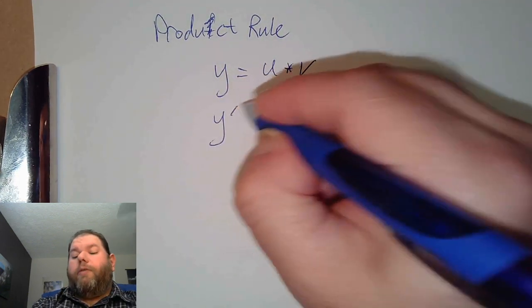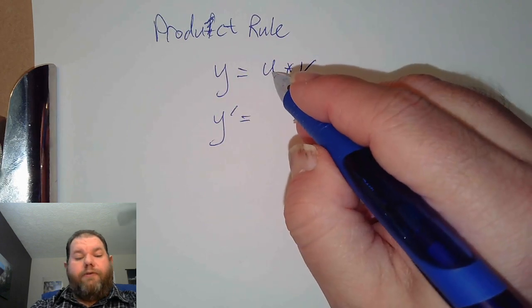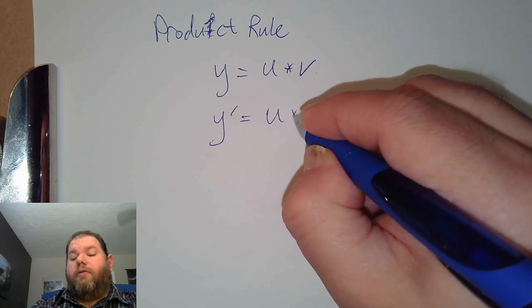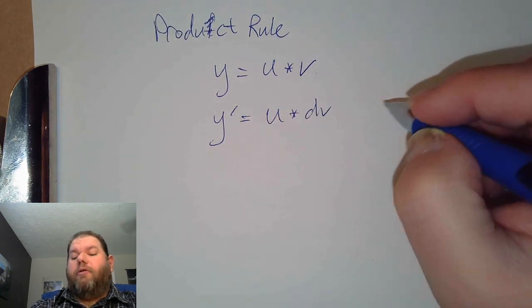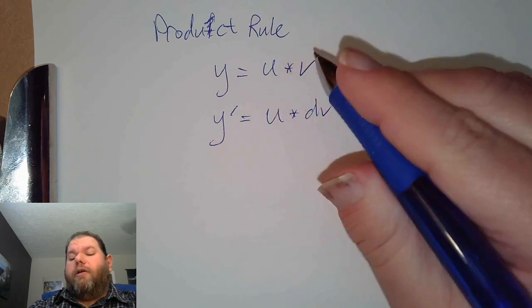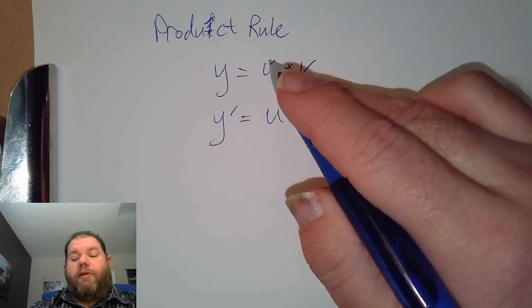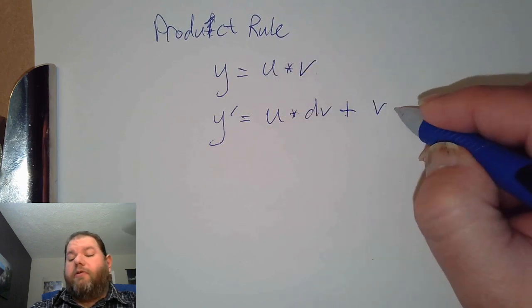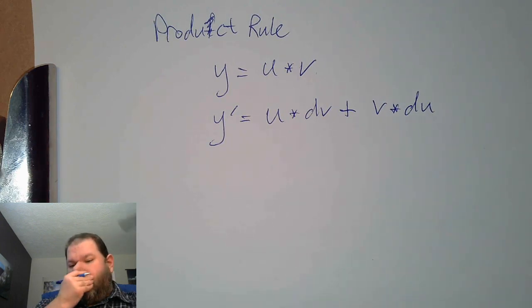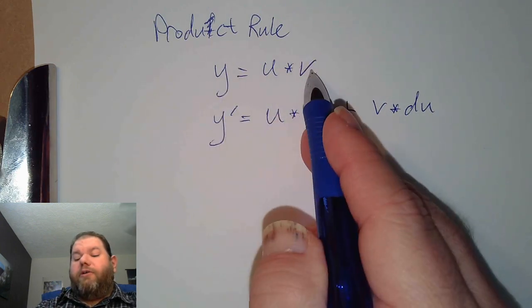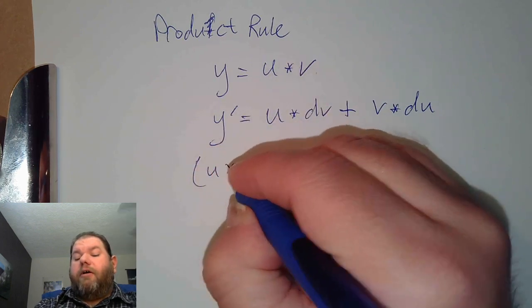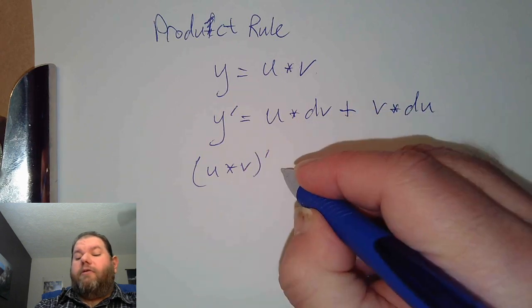And then y prime, our product rule says we take the first term times the derivative of the second, and then we add, and then we take the derivative, keep the second term times the derivative of the first. Now, since we're saying y is equal to u times v, then y prime we could say is the derivative of u times v.